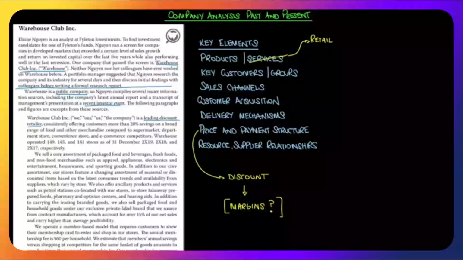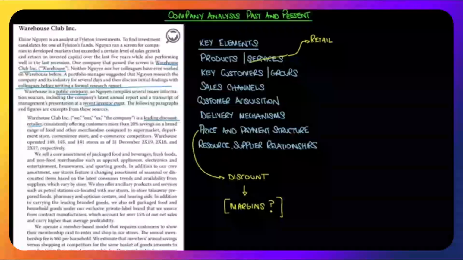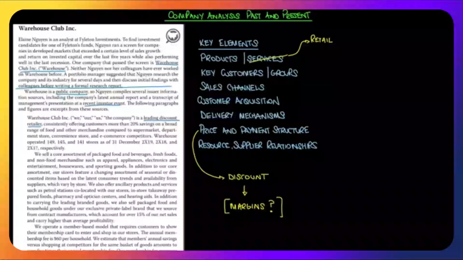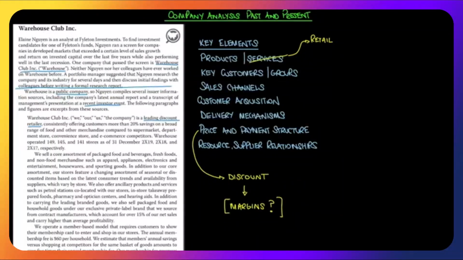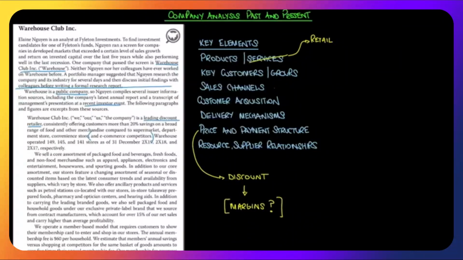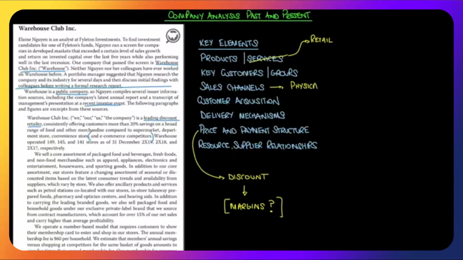They'll have to be. Consistently offering customers more than 20% savings on a broad range of food and other merchandise compared to supermarket, department store, convenience store, and e-commerce competitors. And e-commerce competitors tells me that they have physical locations. They are not an e-commerce company.